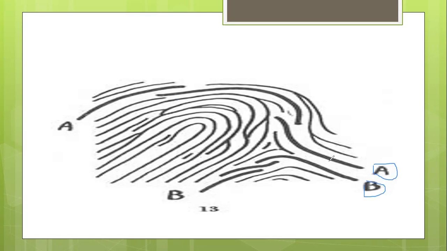So, among these ridges that can be found here, the two innermost ridges are marked as A and B. So, when we trace this one, iti-trace natin ito, biglang naputol. What does the rule say? Ang sabi ng rule, if it suddenly ends, the ridge next outside of it is considered as the continuation of the type line.